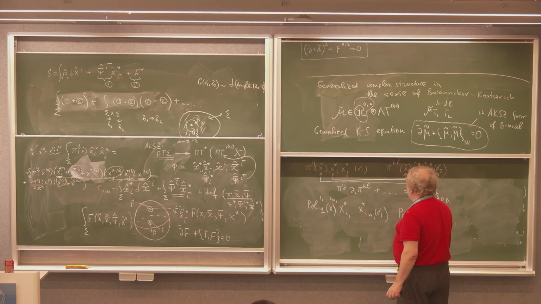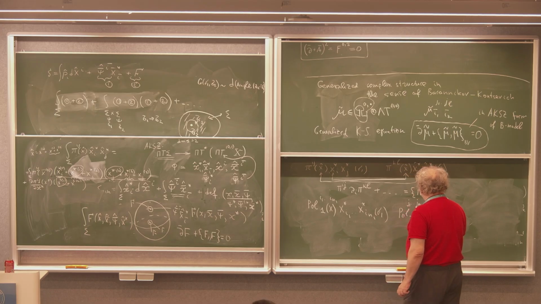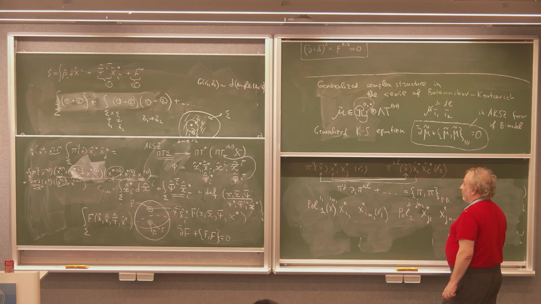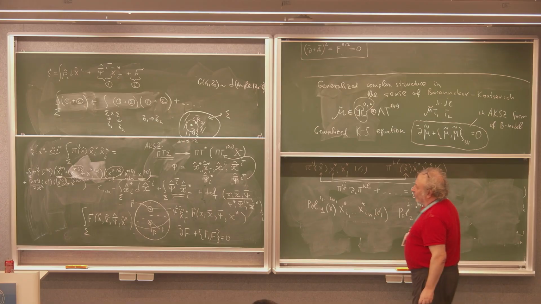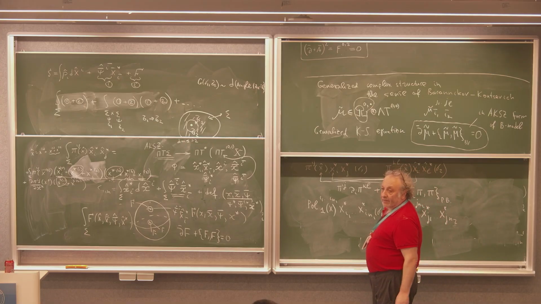And if I have Poly vector 2 with indices J1, J and 2, X star, J1, X star, J and 2, I may ask, what would provide me the green function?